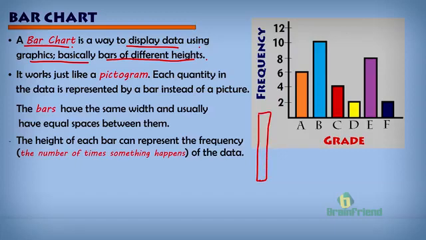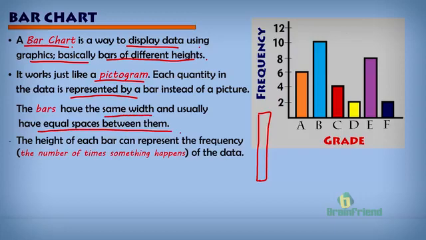Now, just like we learned using the pictogram or pictographs, we also make use of these bars to represent our data. So instead of using pictures, we make use of bars. The bars all have the same width and usually have equal spaces between them.